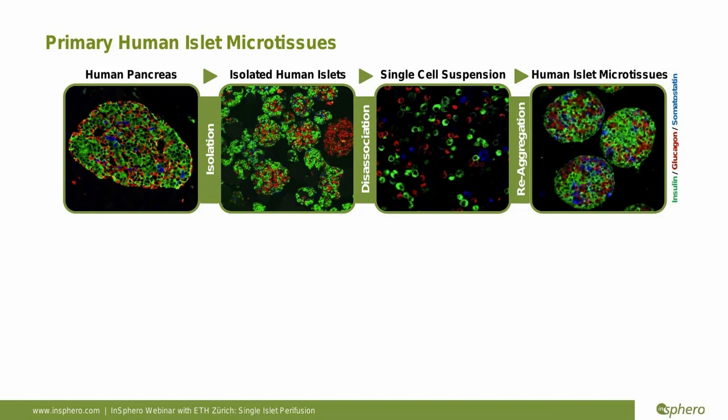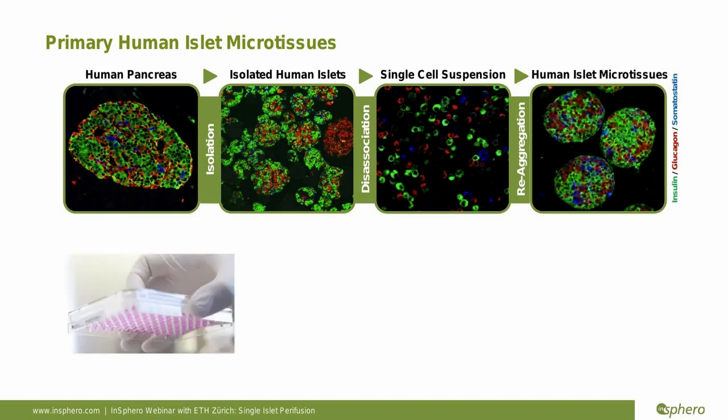Then we very gently, enzymatically and mechanically, process them into a single cell suspension. Then we reaggregate them into homogeneous cell clusters that we call human islet microtissues. We do this by using our hanging drop multi-well culture plates.